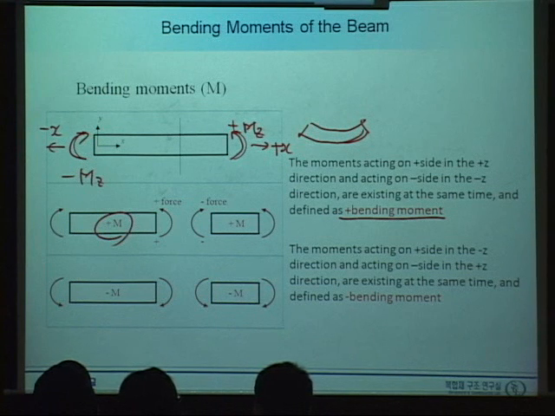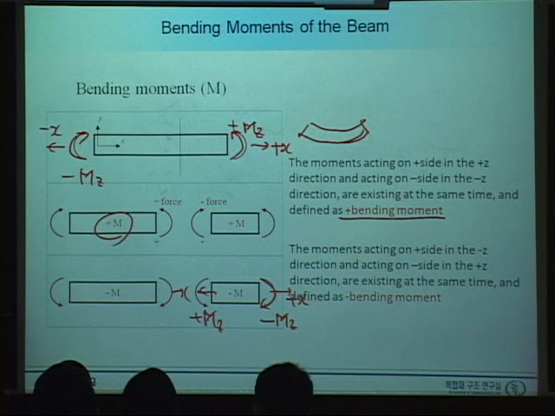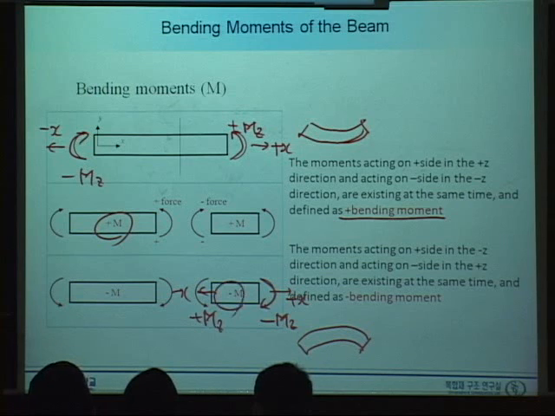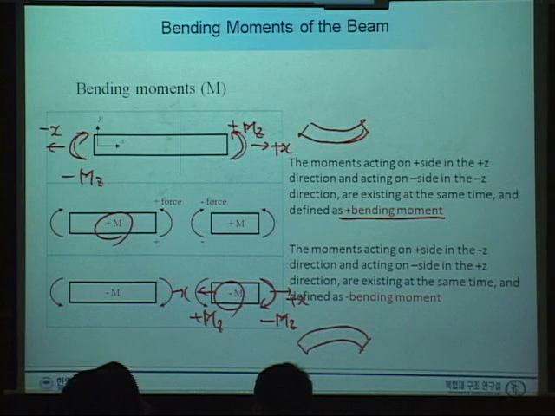On the other hand, this is just the opposite. This is the plus x, subject to a minus moment, and this is the minus x, this is the plus moment z. Then this will deform like that, and this is called minus bending moment.